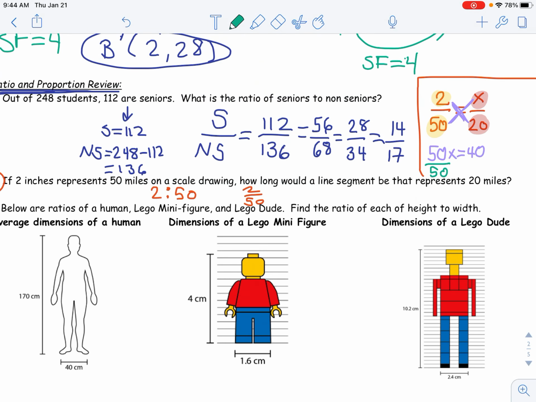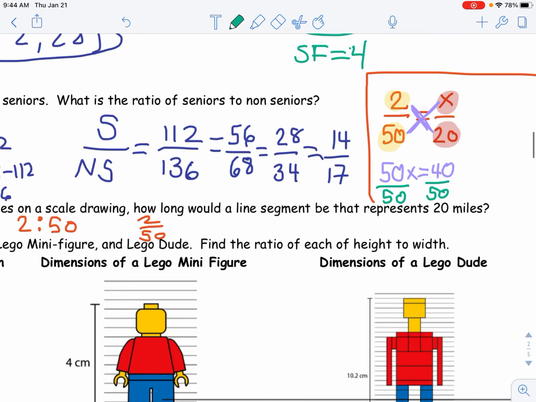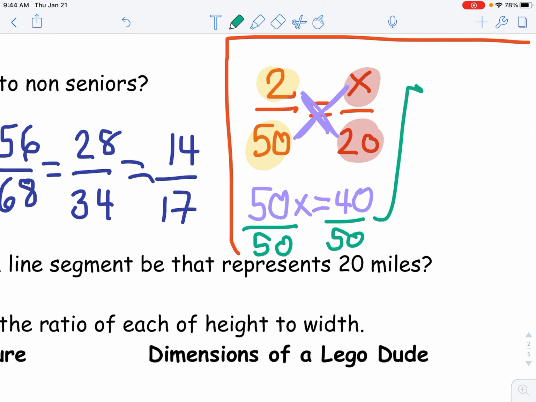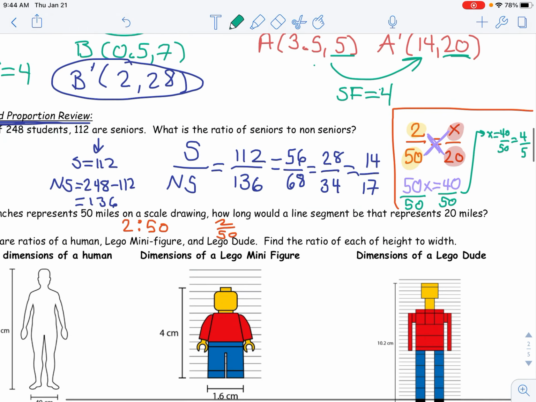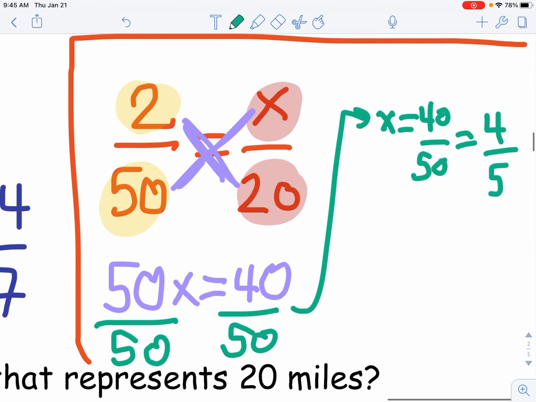Divide both sides by 50, and x equals 40 over 50, which is 4/5. So you draw a segment 4/5 of an inch, or 0.8 inches long, that represents 20 miles on the map. Some cross multiplication review.